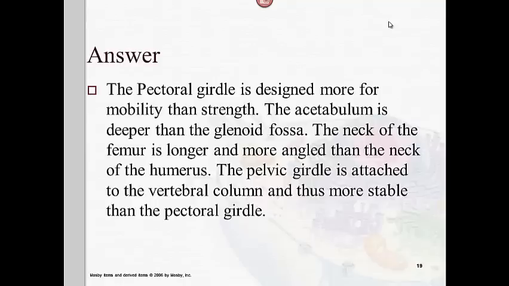And the answer is because the pectoral girdle is designed more for mobility than strength. When you apply a force to that fossa, the neck of the femur is longer and more angled than the neck of the humerus. So the pelvic girdle is attached to the vertebral column and thus more stable than the pectoral girdle.